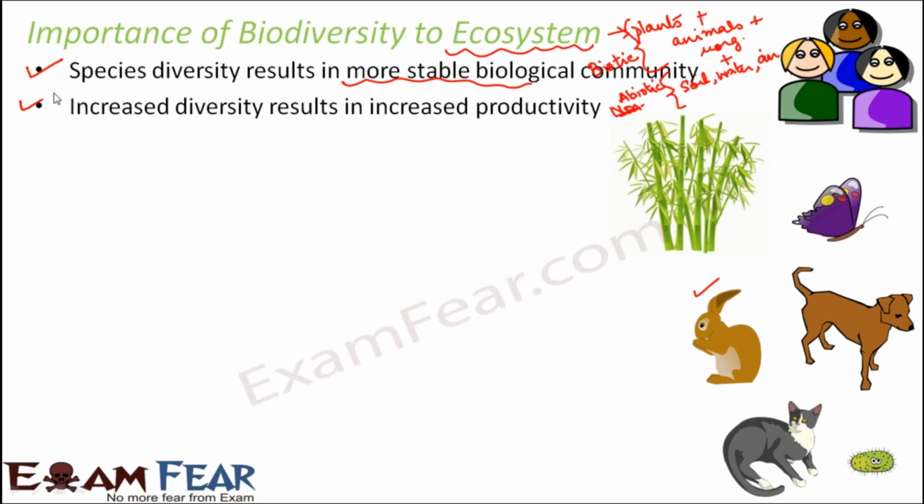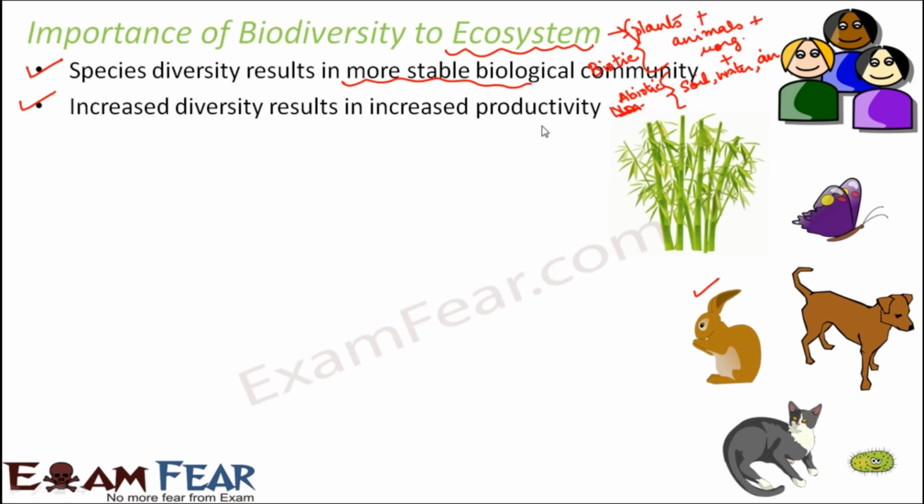Next, increased diversity results in increased productivity. When you have more variety of living organisms, your productivity also increases because each group of organisms is going to produce something. For example, plants undergo photosynthesis and produce food, so they are the primary producers.